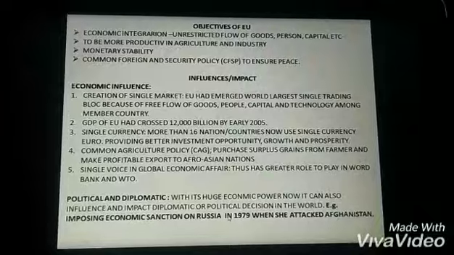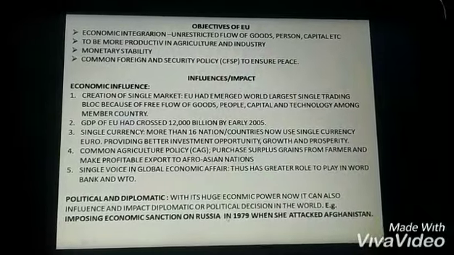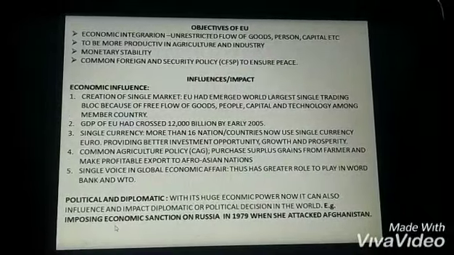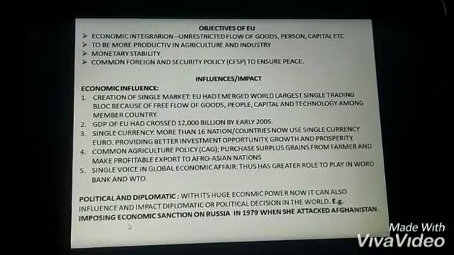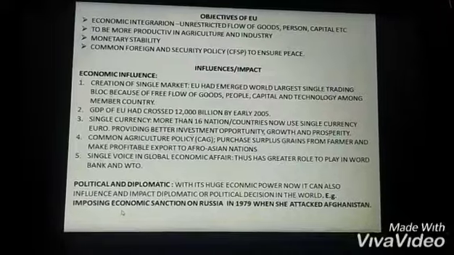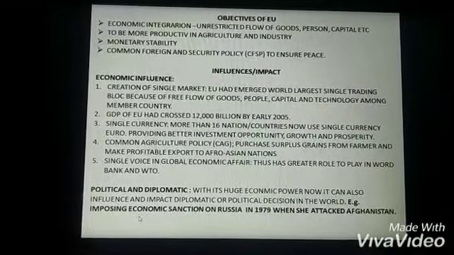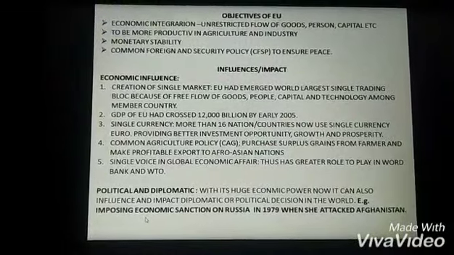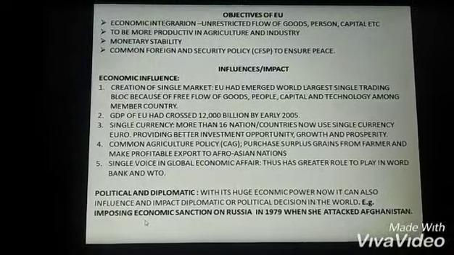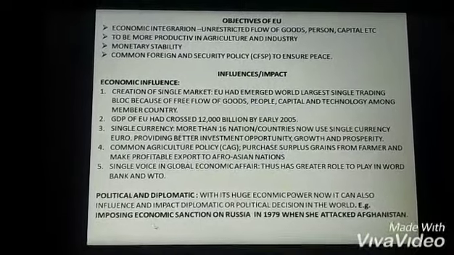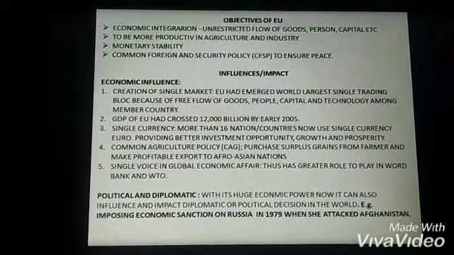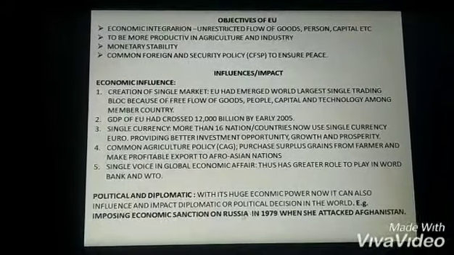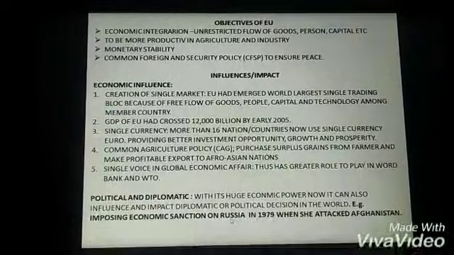So what the EU did was, since you are doing those things undemocratically by attacking Afghanistan, we will stop all economic relationships with you. We won't have any trade and commerce relationship with you. All the EU members will withdraw our trade policies with you if you don't stop attacking Afghanistan. That is going to have a great impact on the Russian economy.